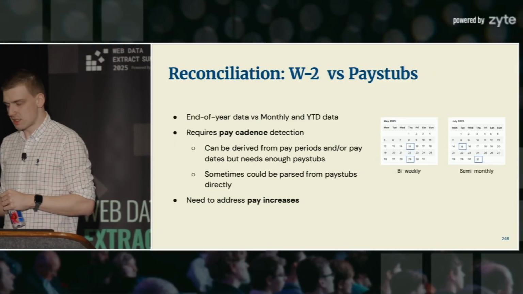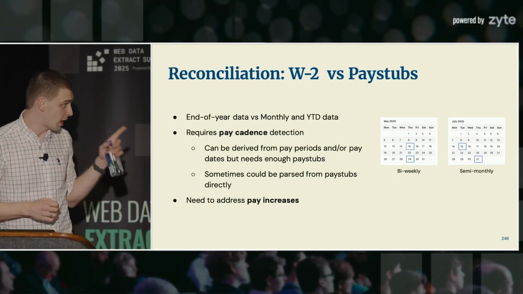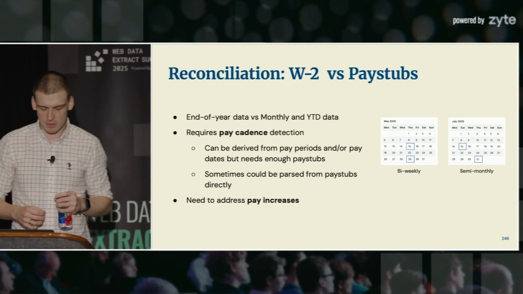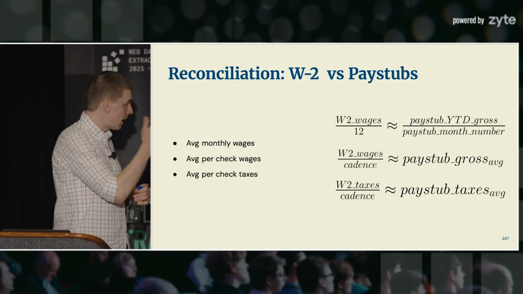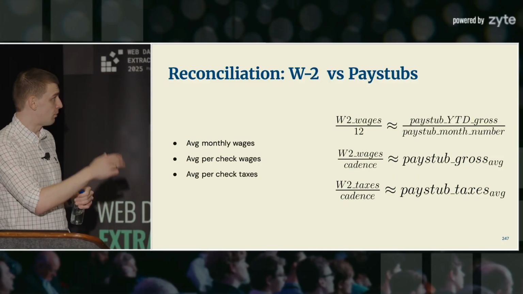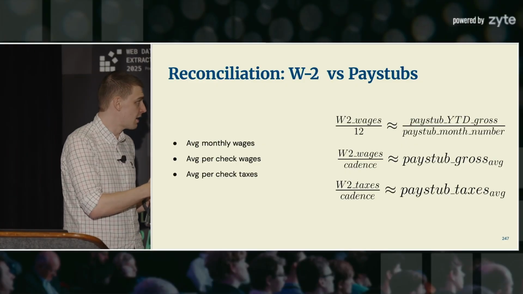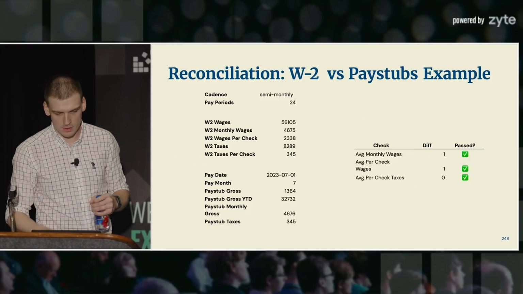Or sometimes it can actually be parsed from pay stubs directly. We also need to account for pay increases, but this is a tricky topic, which we won't cover today. So we compare average monthly wages from W-2s and pay stubs, and average per-check wages and taxes versus averages that we can get from W-2s.